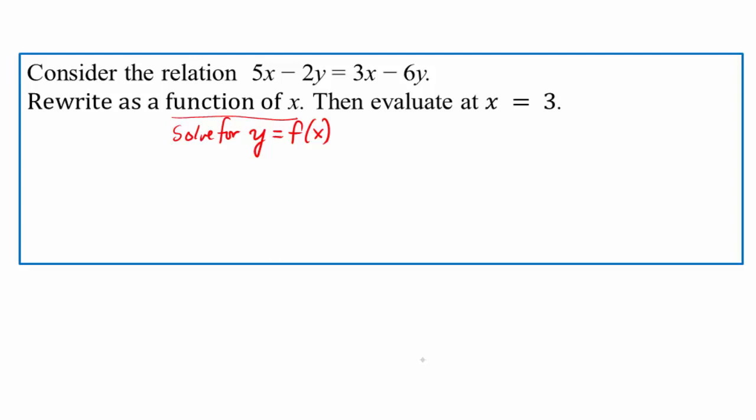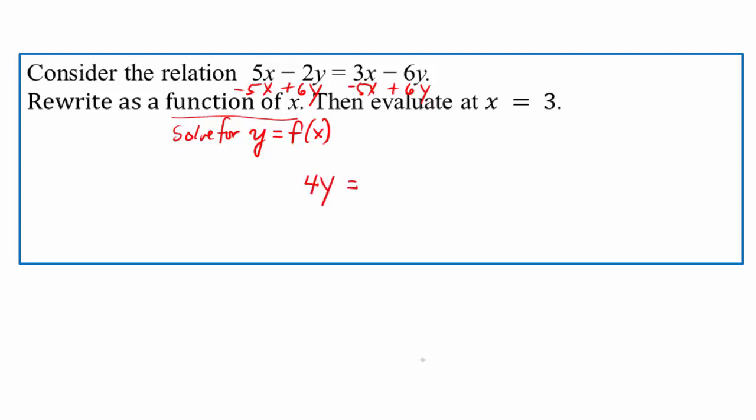So if I want to solve for y, I think I'm going to add 6y to both sides, right? Because 6y is bigger, and then put the 5x on the other side. So minus 5x here, minus 5x. So what will you have? So far you're going to get a minus 2 and a 6 would give us 4y.